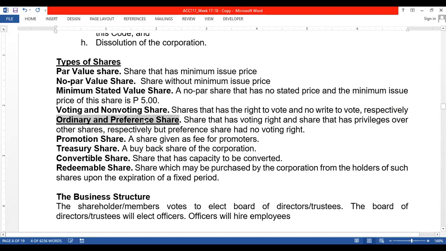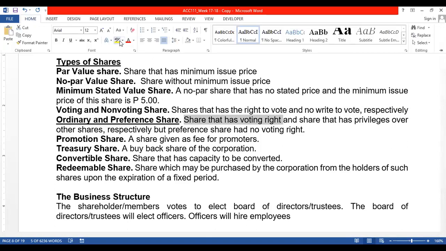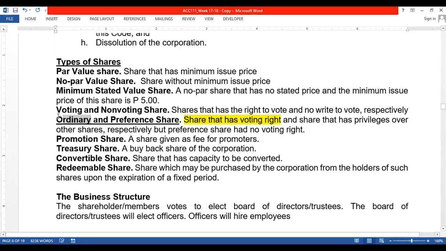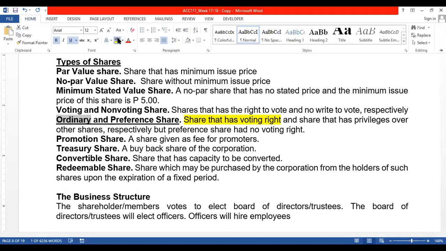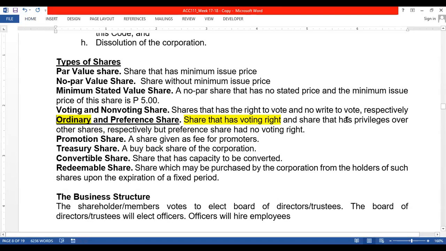Ordinary and preference shares. So ordinary is a share that has a voting right. Ang tawag dyan is yung ordinary shares. And share naman that has privilege over the others, especially in terms of dividends, sila dapat ang preferred sa dividends, sa liquidation.